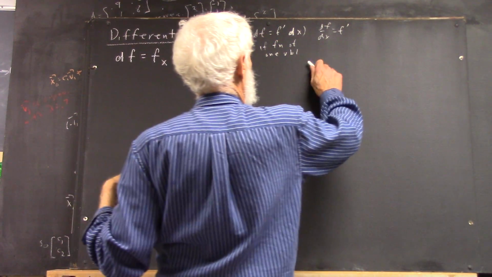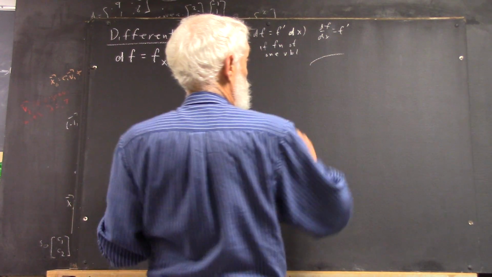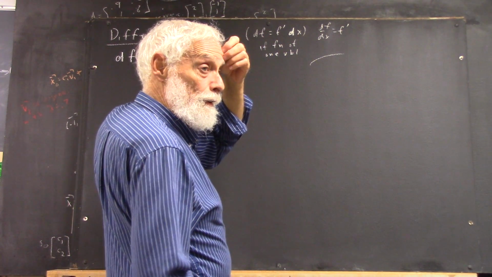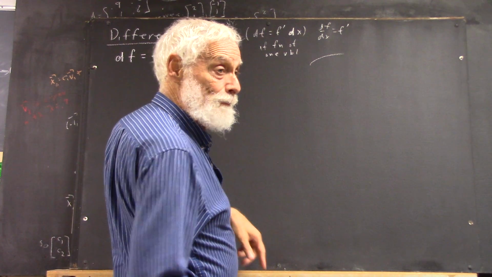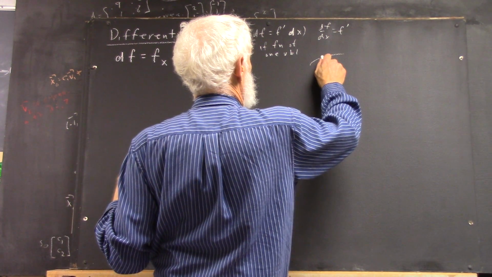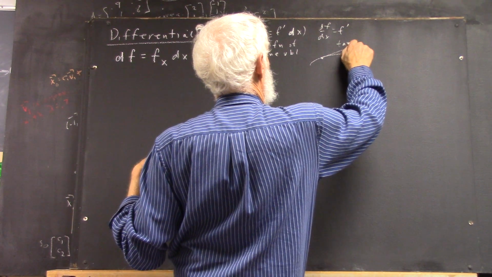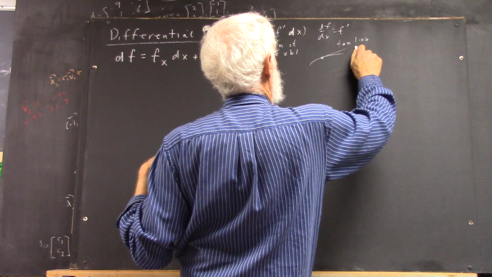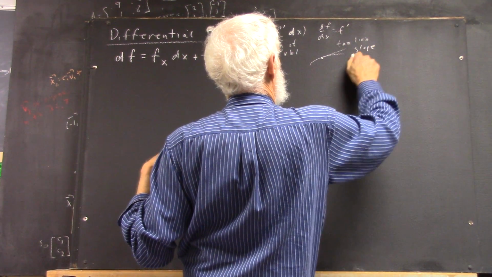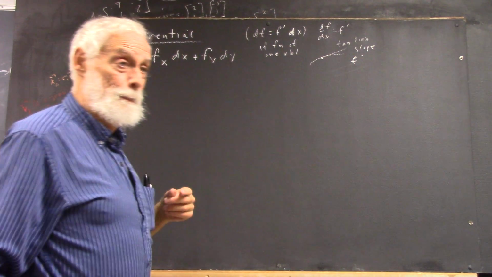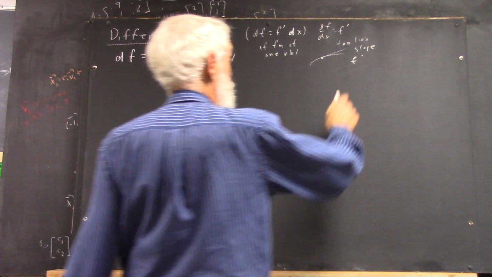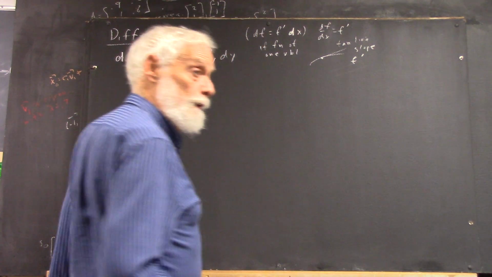And the picture of that, you should remember from first semester calculus. There's your function. Here's a point on the graph, and here is your tangent line. Its slope is f prime, right? The derivative of f with respect to x.